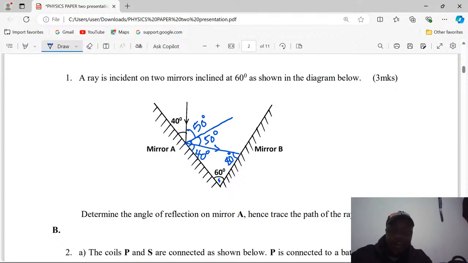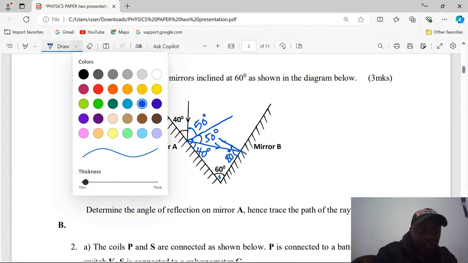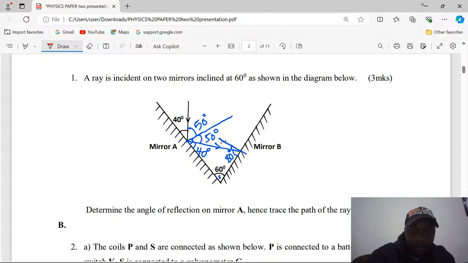And now we can draw again a normal at the point of incidence with mirror B. So if this is a normal, then we will have an angle of incidence, which is 10. So the angle here is going to be 10 degrees, so that it leaves that mirror at an angle of reflection also of 10.